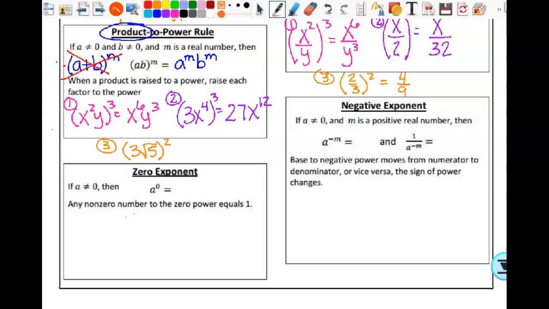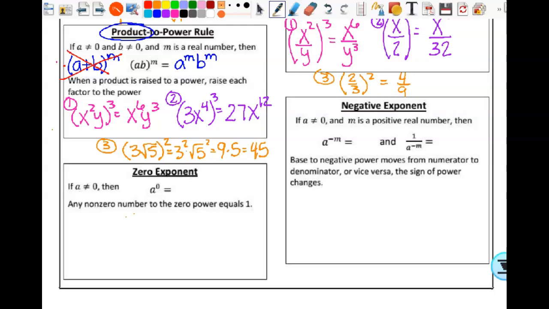This is a product to a power. So that means I get 3 squared times the square root of 5 squared, right? So that's going to give me 9 times, what's the square root of 5 squared? 5. And then my answer is 45. So do you have to write all the steps out? No, but that's what's happening mathematically. Okay? What questions you got?